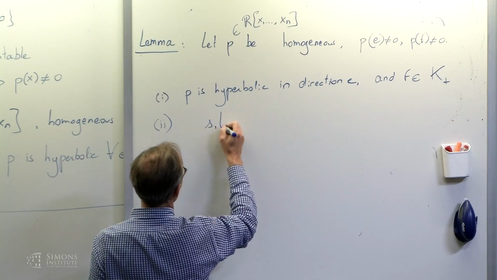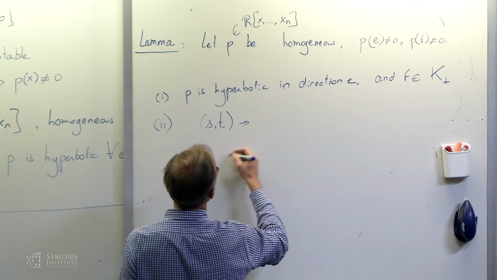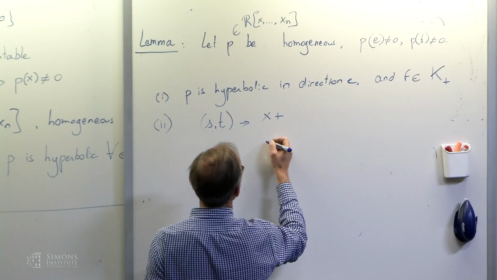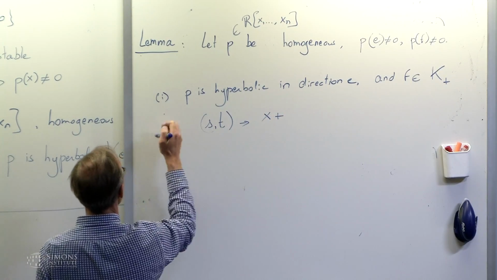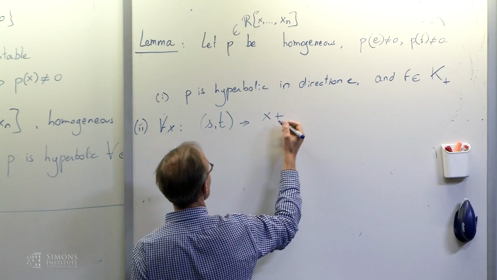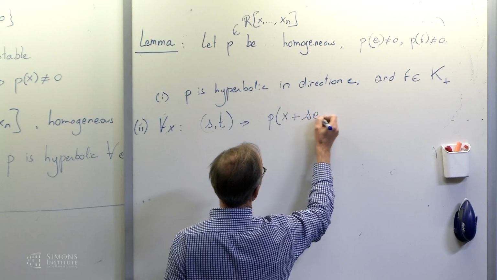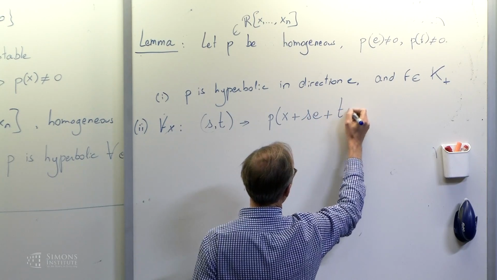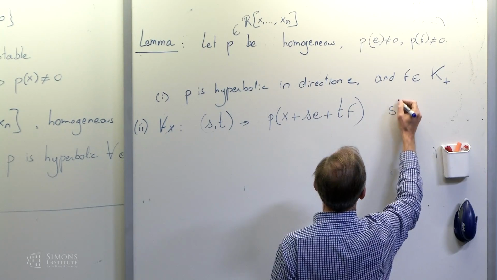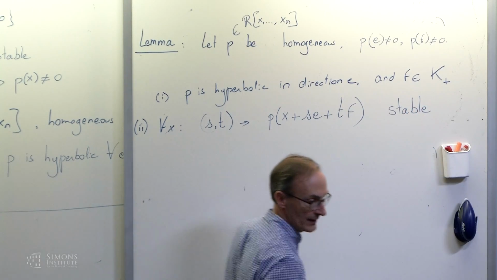And so I'd like to show that this is equivalent to saying that if I look at a bivariate polynomial in S and T, which maps to P of x plus SE plus TF, that this is a stable polynomial for every x.